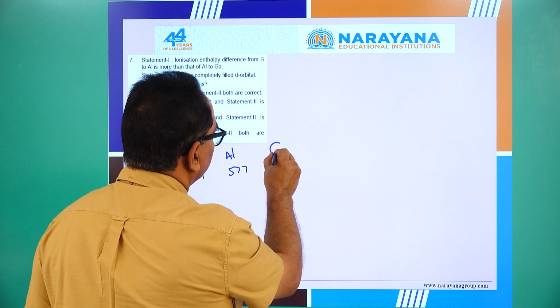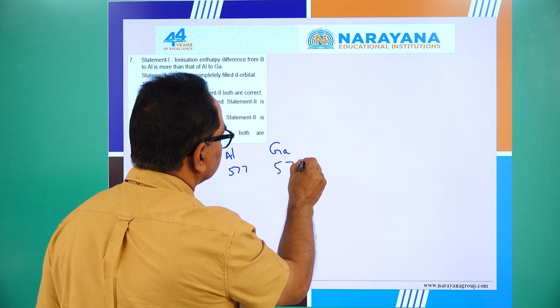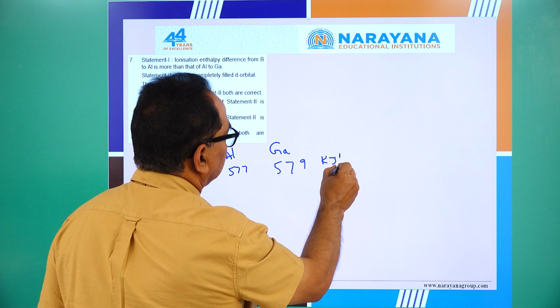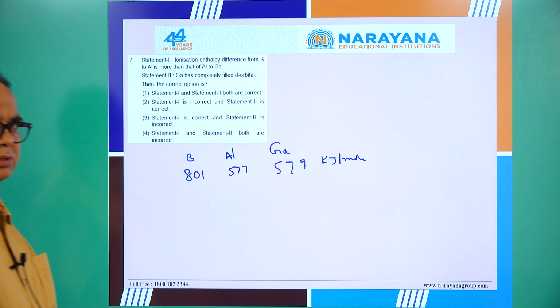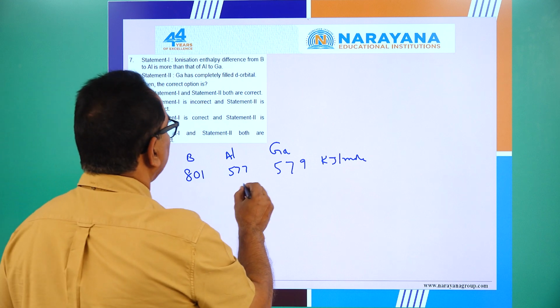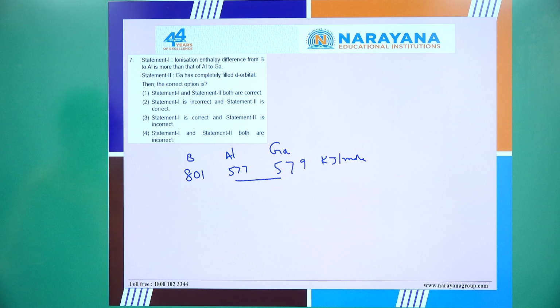For gallium here 579 kilojoules per mole. Here I am mentioning that this data is only for reference purpose, no need to remember that. So when you see the difference from aluminum to gallium, the difference is very less when compared to boron to aluminum. So the first statement is correct.